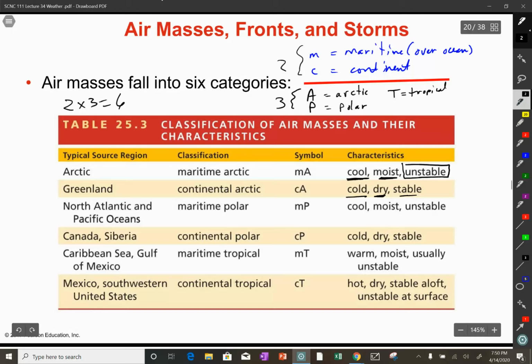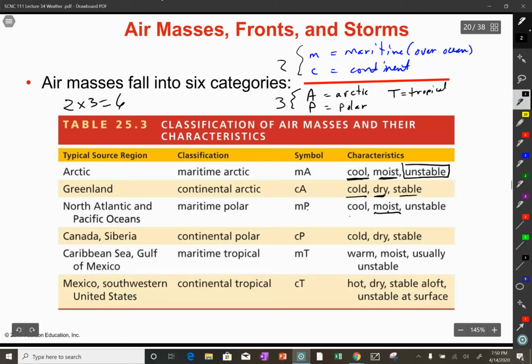Then we get to the maritime polar. So this is like North Atlantic and Pacific Oceans. It's not up in the Arctic Ocean, but it's not tropical. It's in between. So over water is moist. The temperature is cool because it's farther away from the pole.